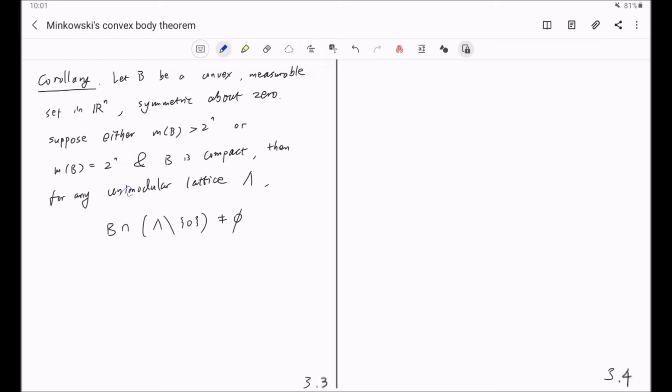Here, by unimodular, we mean that the fundamental domain of this lattice has measure equal to 1. We can also say that the covolume of this lattice in R^n is equal to 1. Namely, there exists a probability Borel measure on this quotient space R^n mod lambda that is invariant under the translations in R^n.